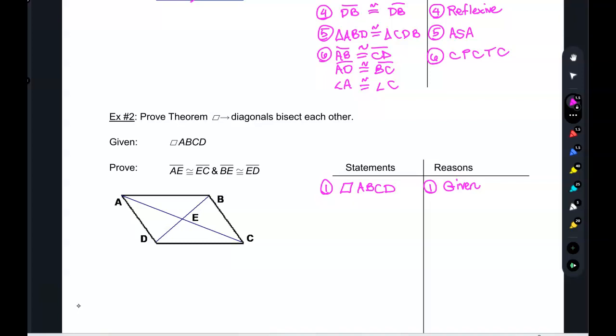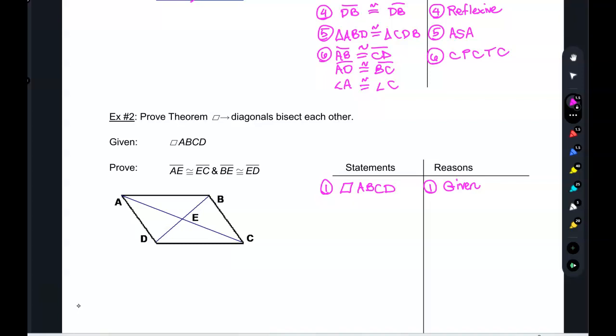So we have a couple options now. Let's take a look. What am I trying to prove? I want to try to get AE congruent to EC and BE congruent to ED. So this time, if I can get these two triangles on the two sides congruent, or the top and the bottom triangles, I can use CPCTC then.